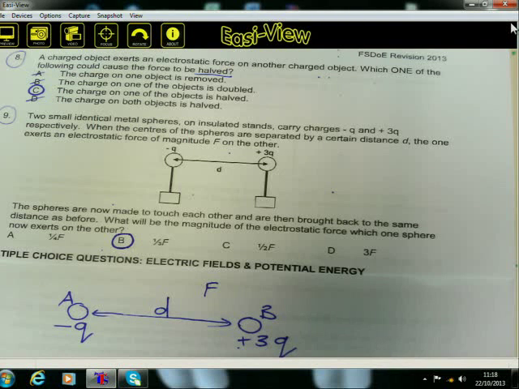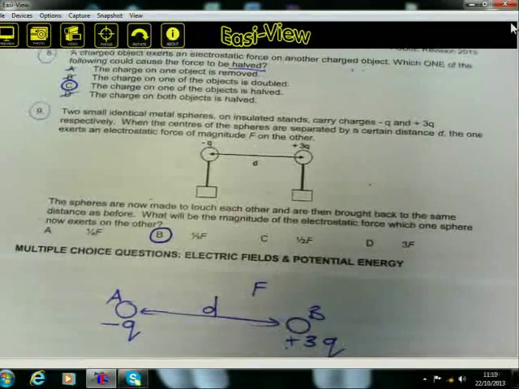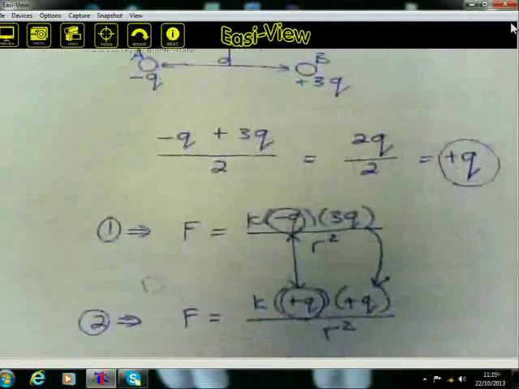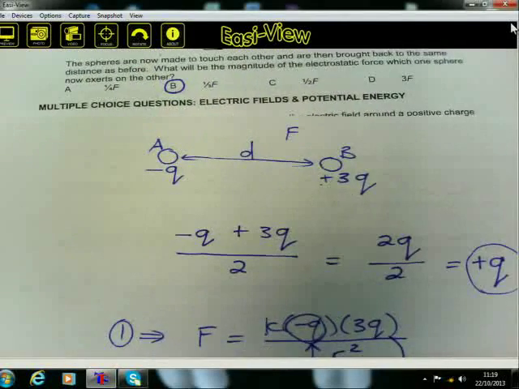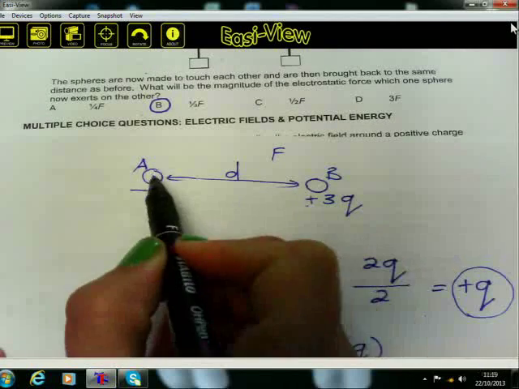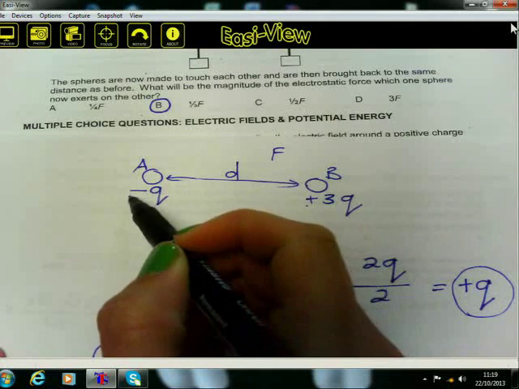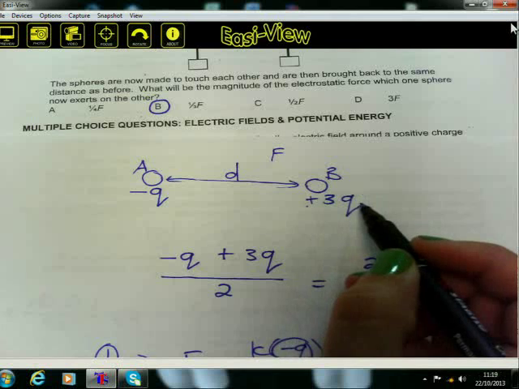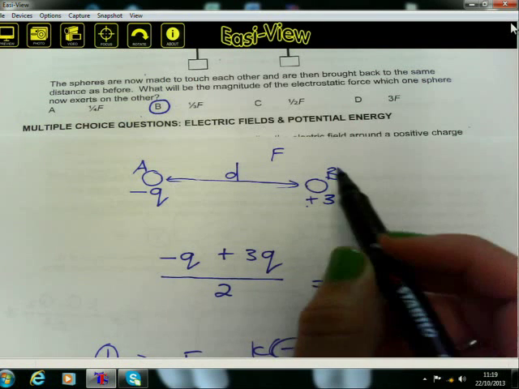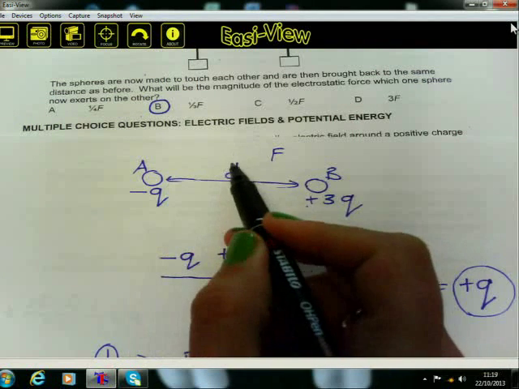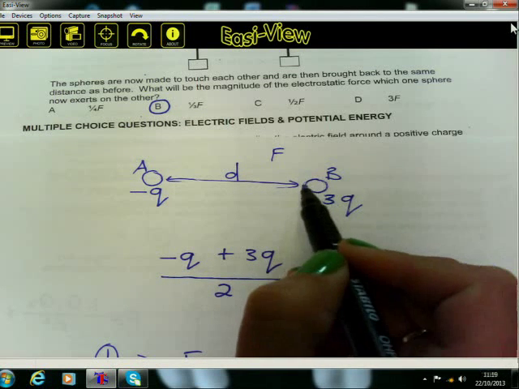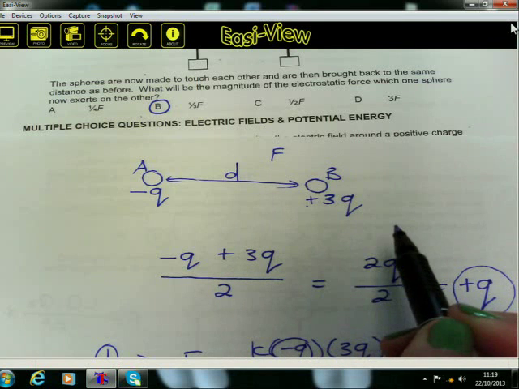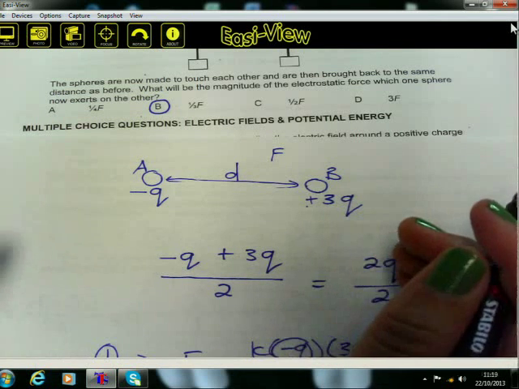I'm quickly going to review this one again because it's a lot to take in. Let's quickly review. Initially we had A and B, charges minus q and plus 3q. When they were a distance d from each other, they exerted a force with magnitude F on each other. Now we change the situation.